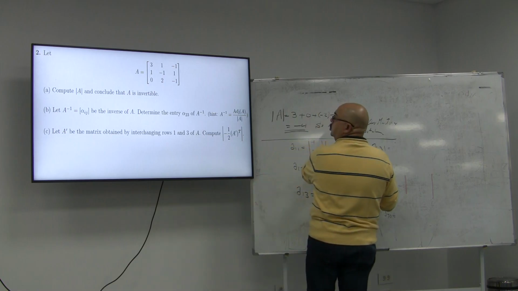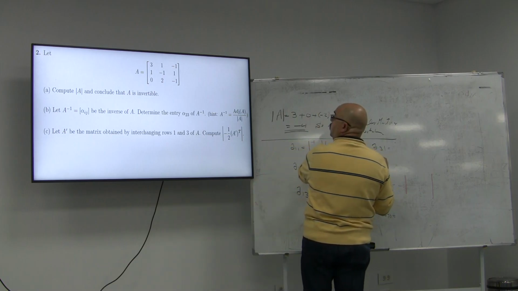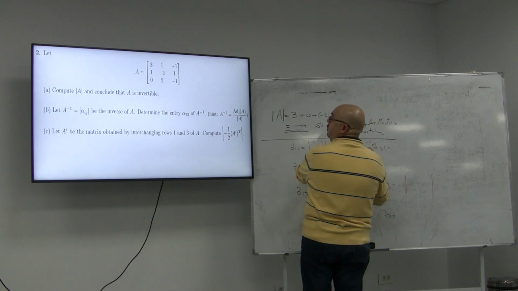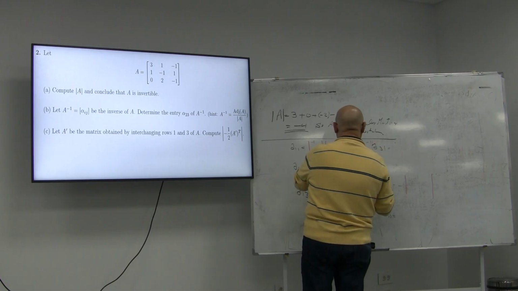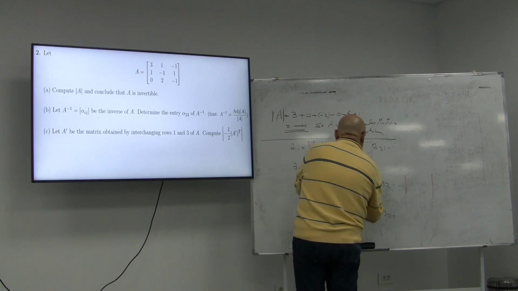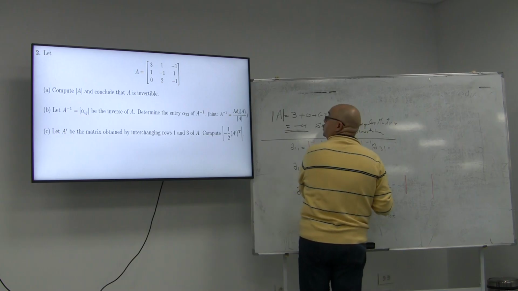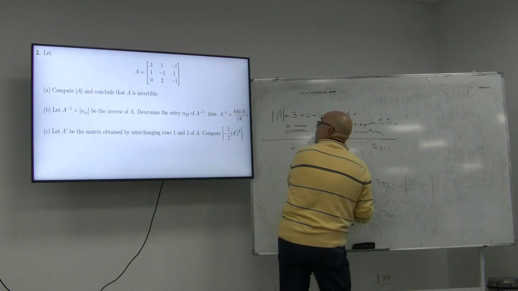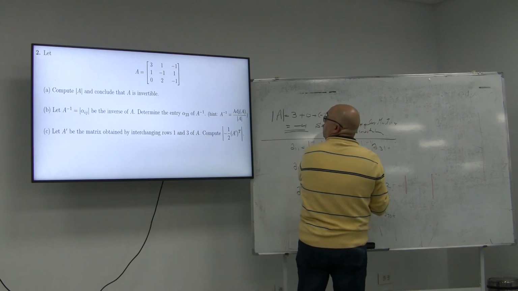Then element 2 1, second row first column, which is 1 negative 1, then 2 negative 1, right guys? Then element 2 2, which is 3 negative 1 and 0 negative 1. Element 2 3, which is gonna be, correct guys, this is 3 1.